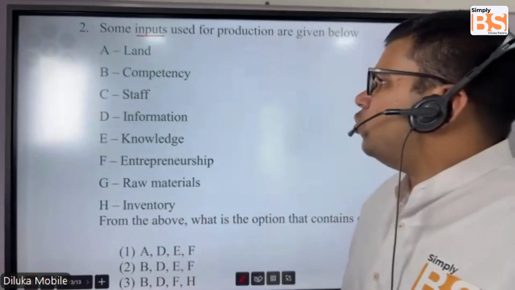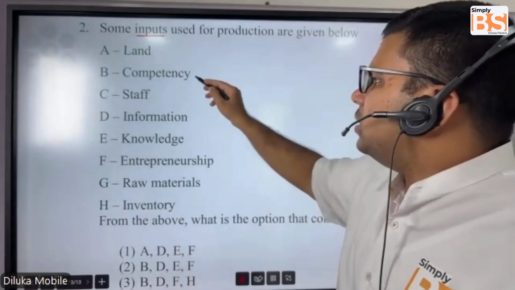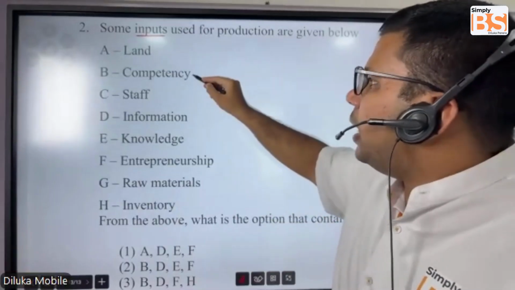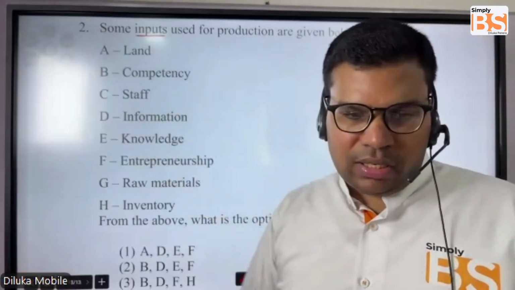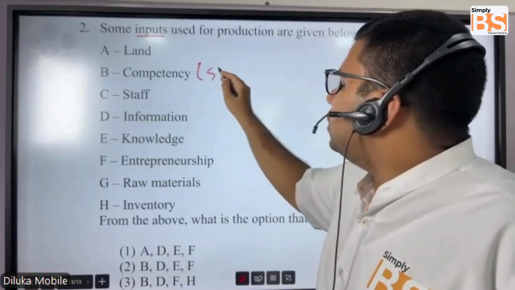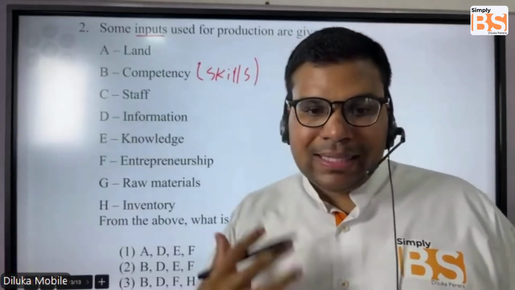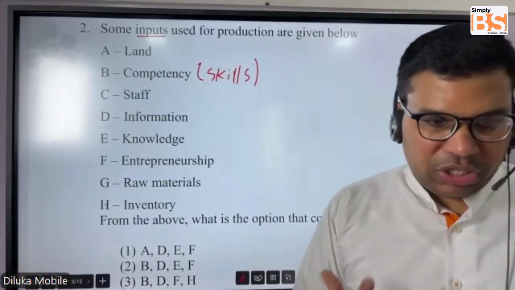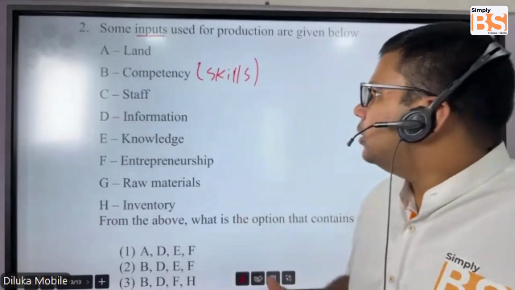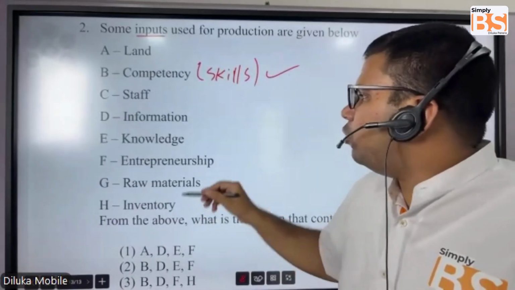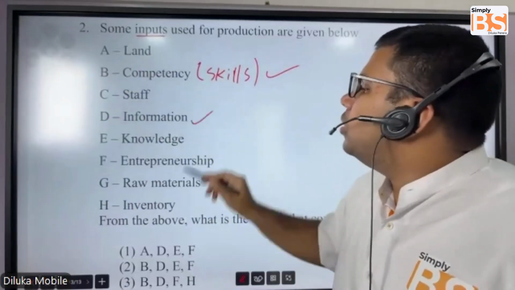Land, of course, no, it's tangible. Competency, yes. Competency means your skills, the skills that you have. So this is correct. Staff, no. Information, yes, intangible.